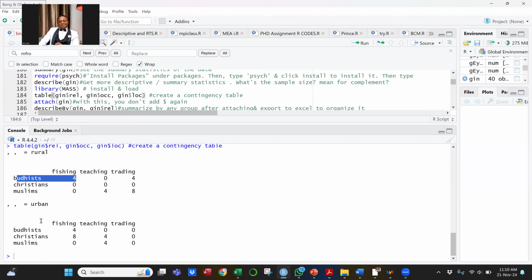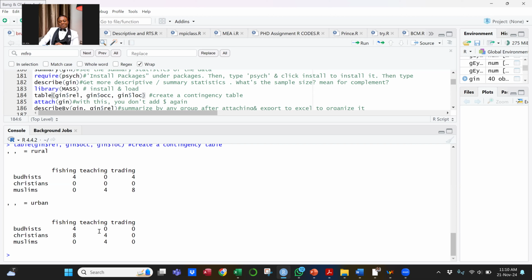And among the urban folks, 8 of them were teachers, whereas 12 of them were fishers. And among those fishers, only 8 were Christians. So this gives you dynamics of the data.